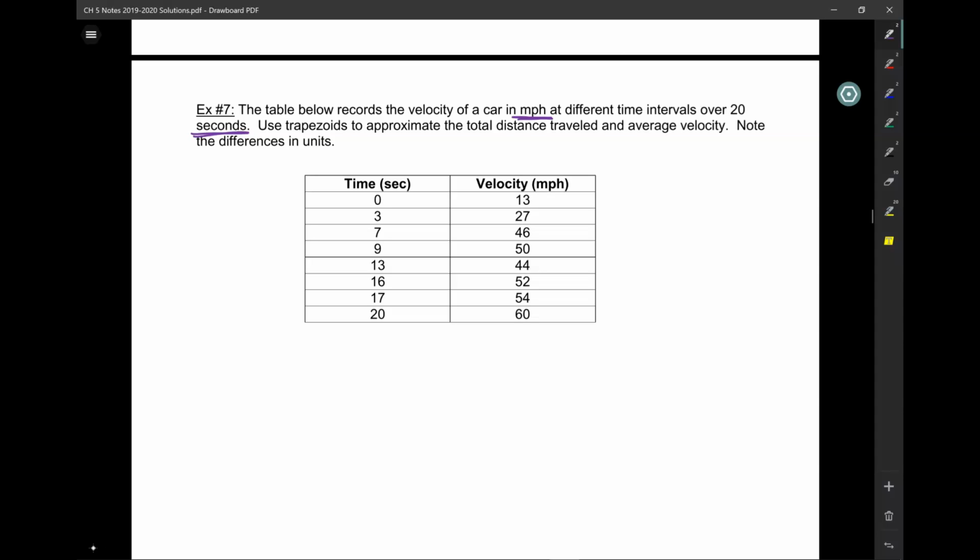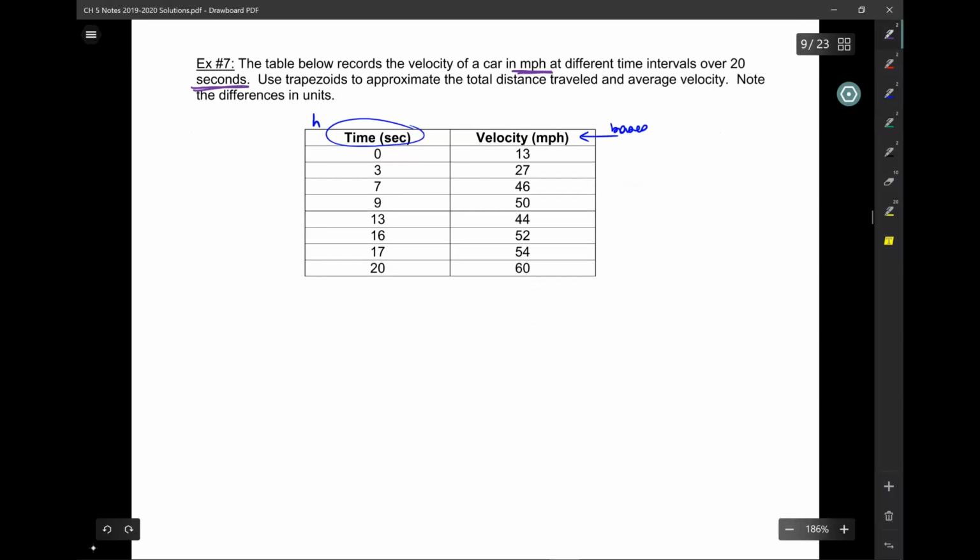Okie dokie. So, we have time. That's the x-axis. These are the heights. We have the velocity. These are the bases. That's the dependent variable, okay? So now, are these equal subintervals?